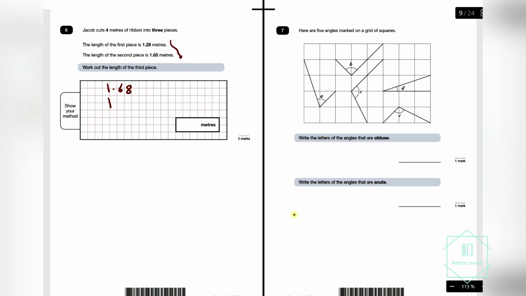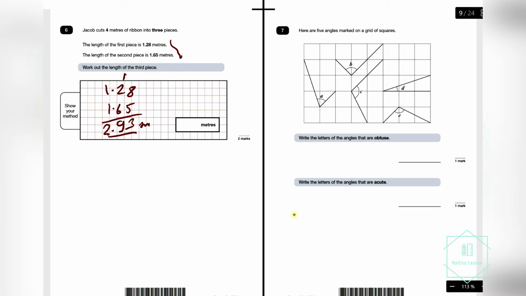That is 1.28 and 1.65. 8 plus 5, 13. Carry forward, 6 plus 2, 8, plus 1, 9. 1 plus 1, 2. So that is 2.93 meters he has used.